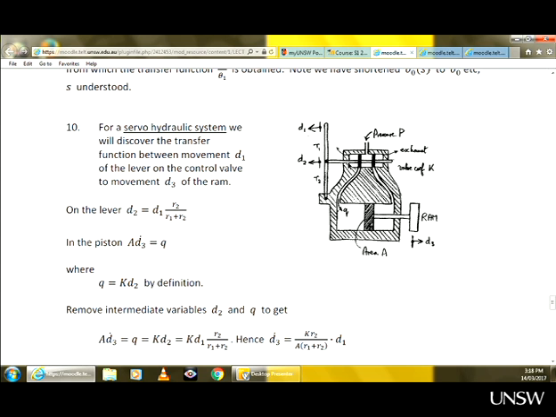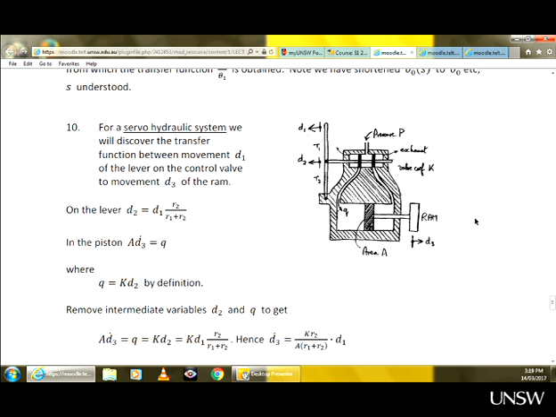Or the opposite will happen. If you push this piston to the right, then you will open this orifice. High pressure fluid will enter on this side, push the piston to the left. In that case, this ram moves to the left. So this will be an example of a hydraulic servo mechanism.